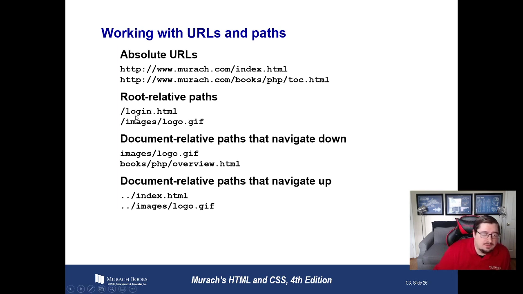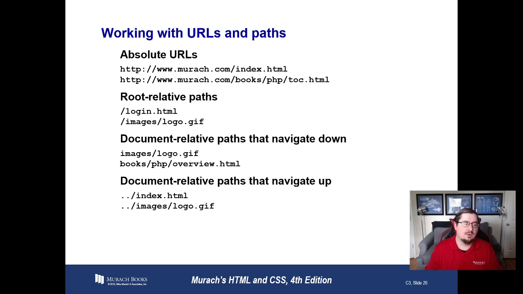So root relative starts with a slash. Document relative does not start with a slash. So here we've got go to the images folder, or go to the books folder, PHP overview.html. These are document relative, or relative to the path of the file that they're contained in.